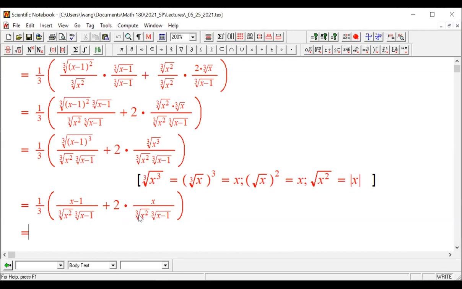So now I have the same denominator. I'm going to keep my 1/3, multiply. And the numerator, I would just have x minus 1 plus 2 times x.